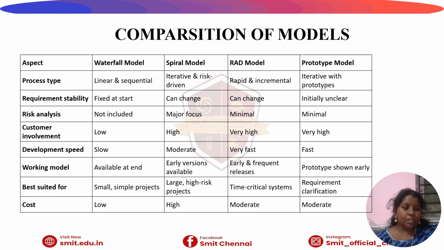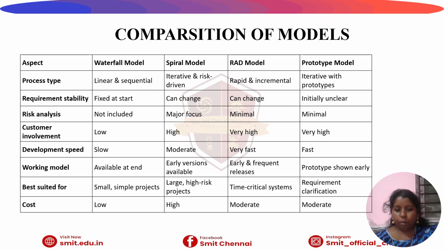Next comparison is requirement stability. In the waterfall model, requirements are given at the early stage and cannot be changed. In both the spiral and the RAD model, requirements can be changed at any phase of the execution.